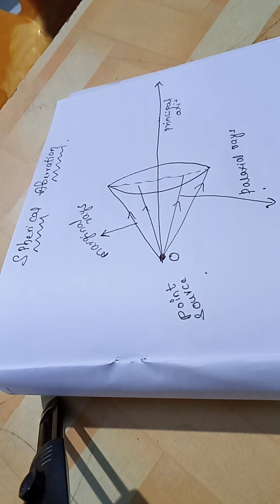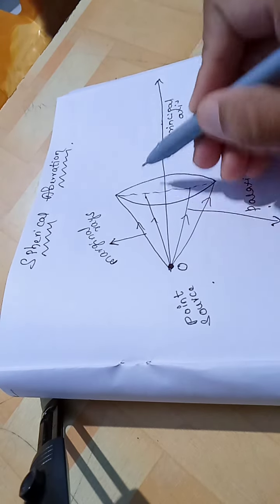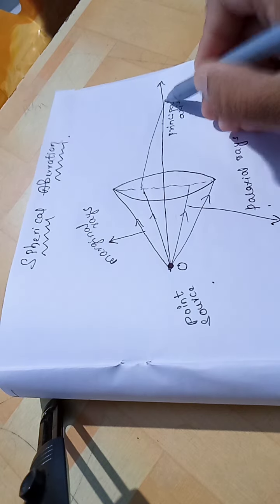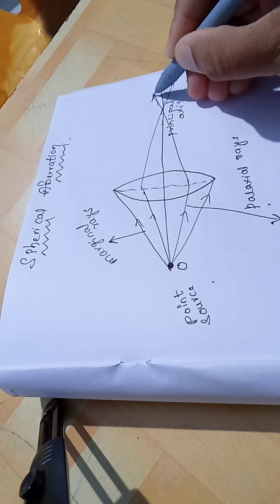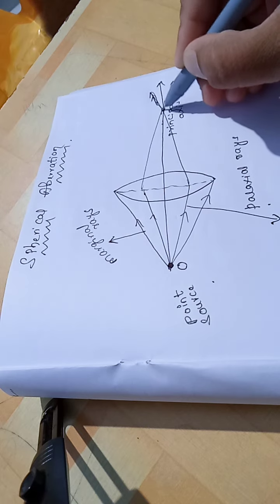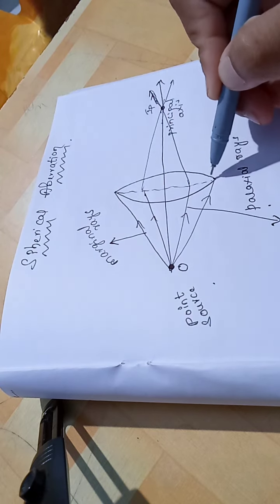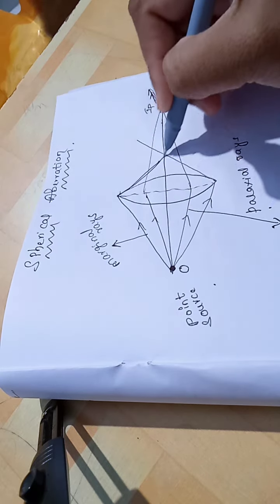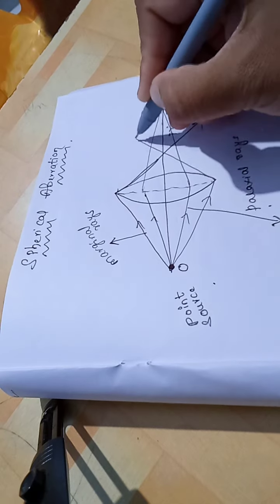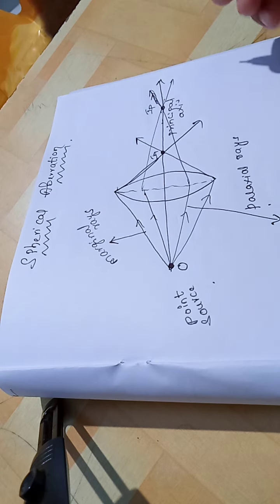Now these paraxial rays will form their image, or will come to focus, on the principal axis at some point IP, and these marginal rays will come to focus on the principal axis at some point IM.